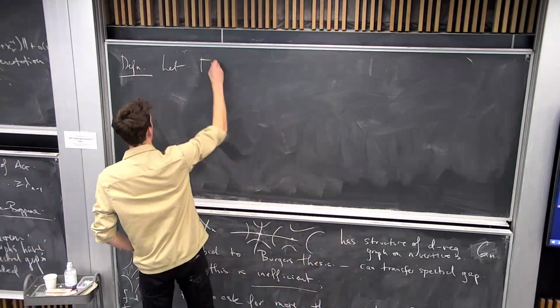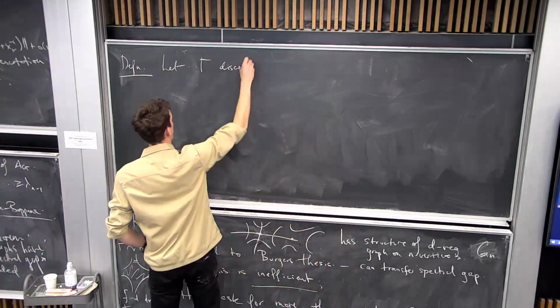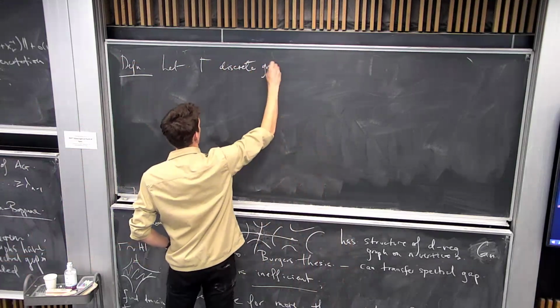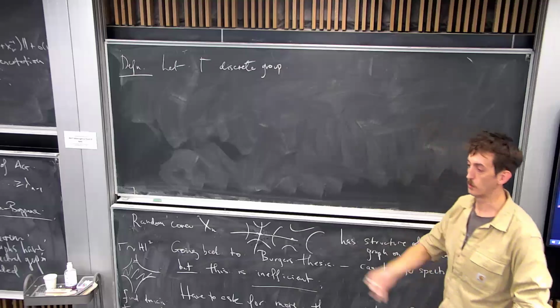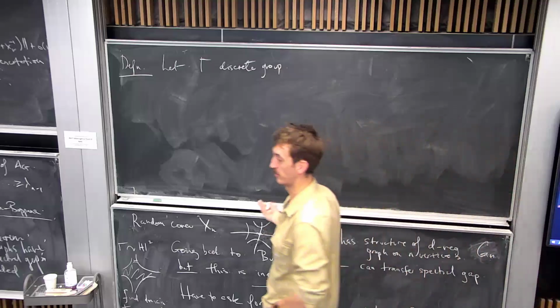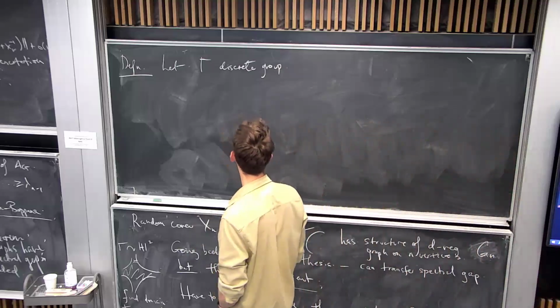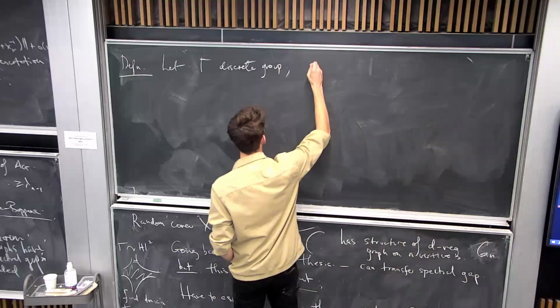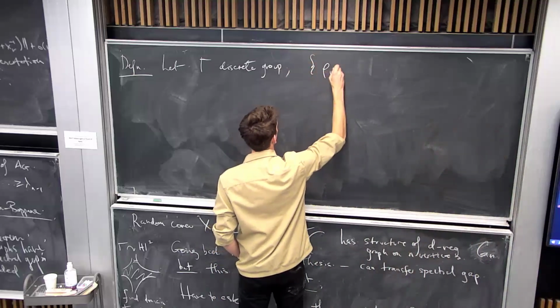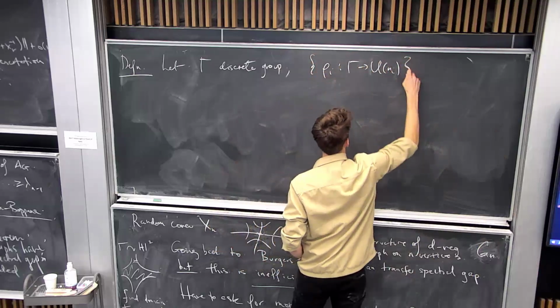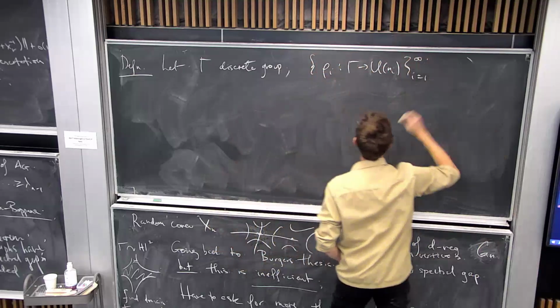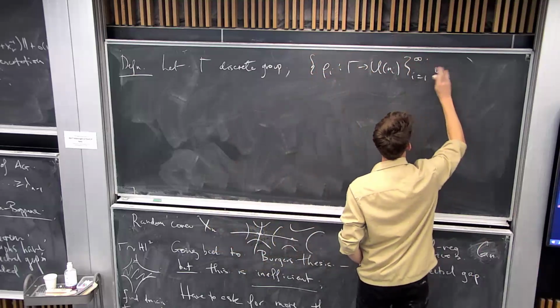There cannot be a discrete group, for example the fundamental group of a compact surface, or of a hyperbolic three-manifold, or of any manifold that you're interested in. Proving something about the spectral gap of... let's say we have rho_i, which are finite dimensional unitary representations of gamma. These are unitary representations.